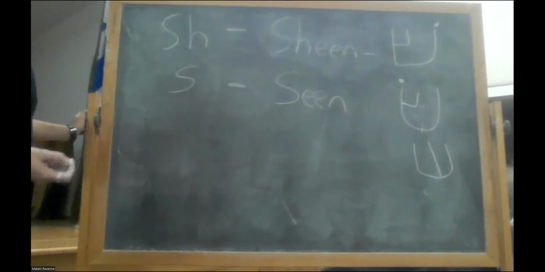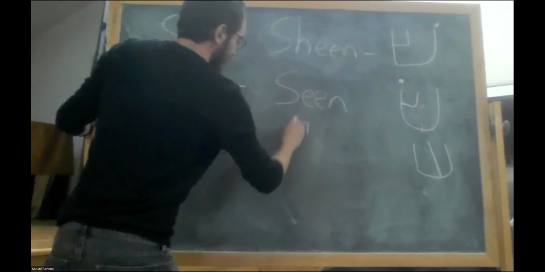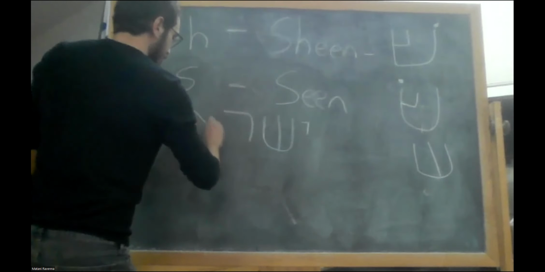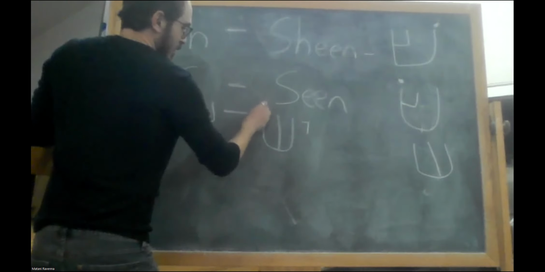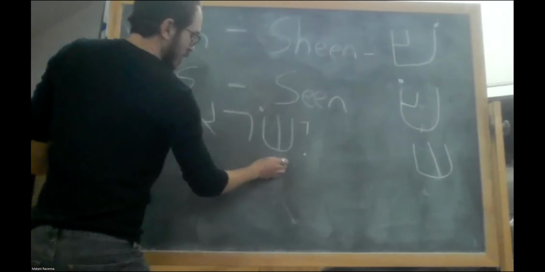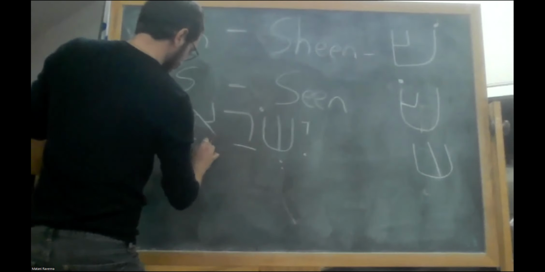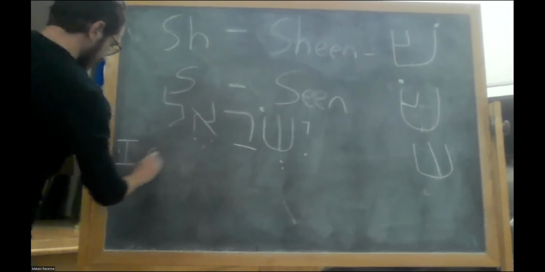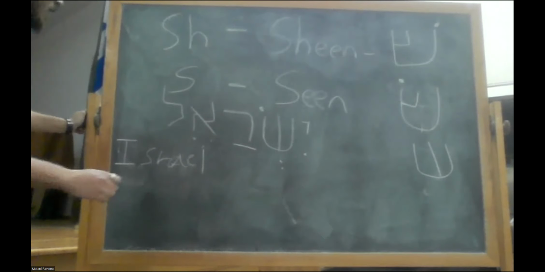Where do we see it? In the name Israel, in the name Sarah. Let's write it down. Just for the sake of mixing it up, I'll write it like this this time. Israel.